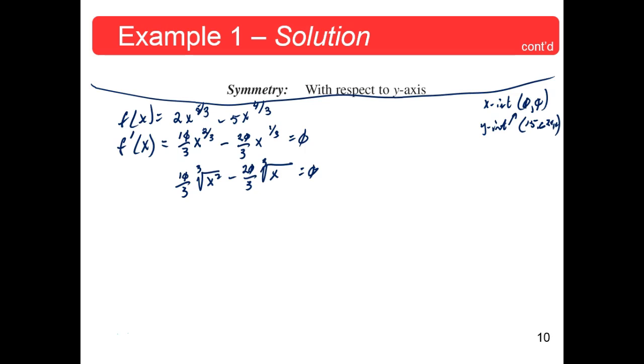Both are cube roots. One's an x squared, the other's an x. Okay, except we only really have one side. Zero's on the other. Let's move this to the other side. 10/3 times the cube root of x squared is equal to 20/3 times the cube root of x.